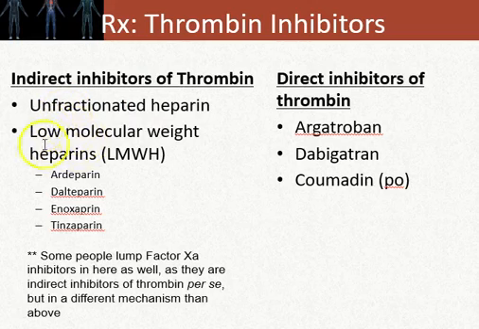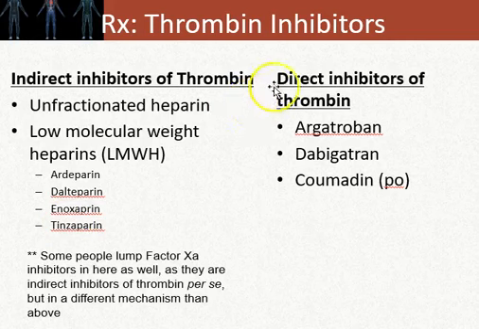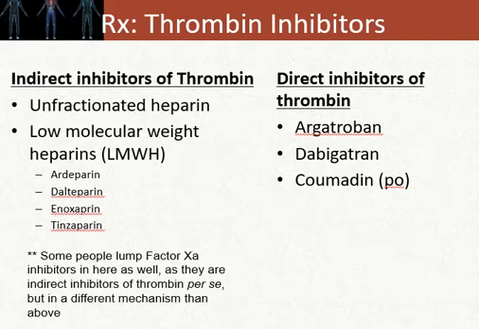The second generation of indirect inhibitors of thrombin includes the low molecular weight heparins, enoxaparin, dalteparin, and some of the other ones coming through the pipeline. Mechanistically, they work very similarly. We'll show you some comparison and contrast between these two. And then the other groups of drugs are your direct inhibitors of thrombin, which are listed there.